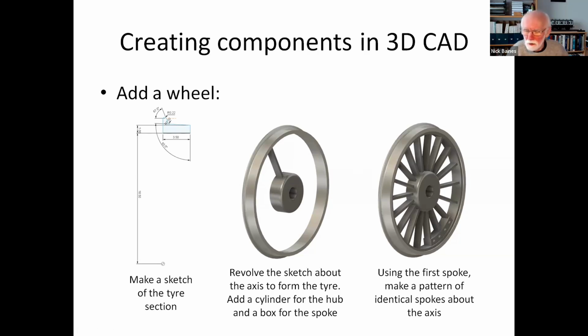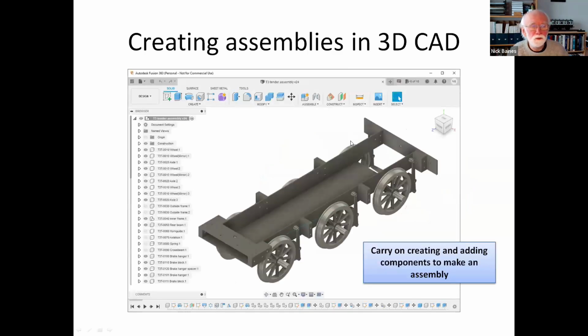So that, in a very, very few words, is how you can build up a complicated shape from a set of primitives aided and abetted with sketches where you need them. And then from there you can carry on with as much or as little detail as you like. And here I've been building up the chassis of a tender.